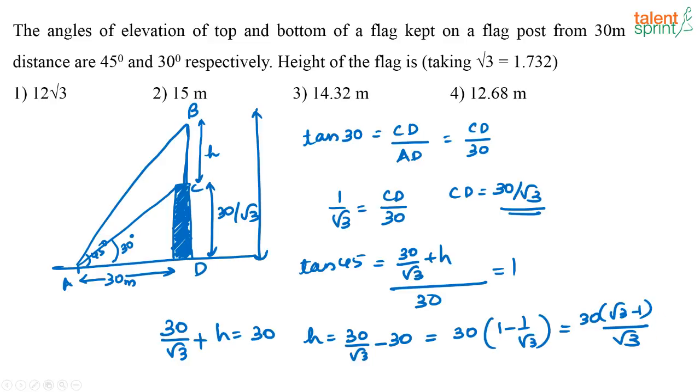Here also they have given take root 3 as 1.732. So you will have 30 into 1.732 minus 1, that is 0.732, divided by 1.732. So when you solve this, you get it approximately as 12.68 meters. Yes, correct answer is option 4.